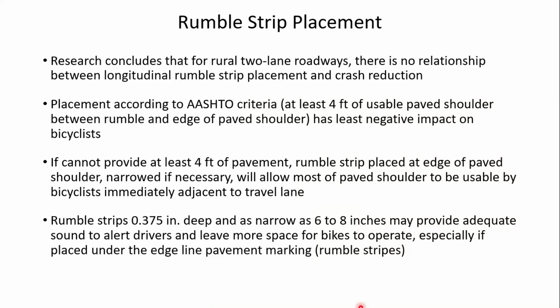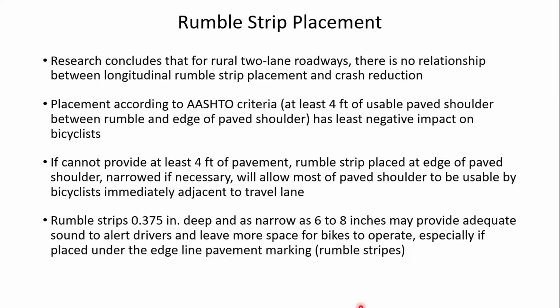There has been some research done on rumble strip placement, especially regarding crash reduction that may relate to bicycles and operation of bicycles. A number of years ago, Federal Highway Administration conducted some research on this, and they concluded that for rural 2-lane roadways, there's no relationship between longitudinal rumble strip placement and crash reduction.